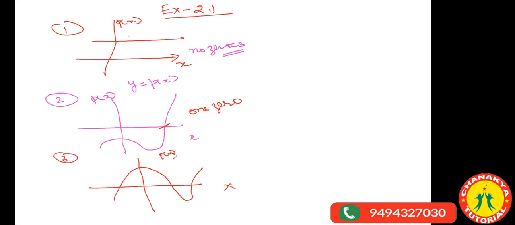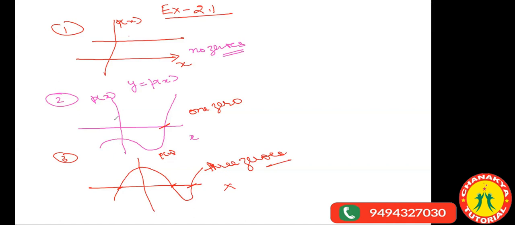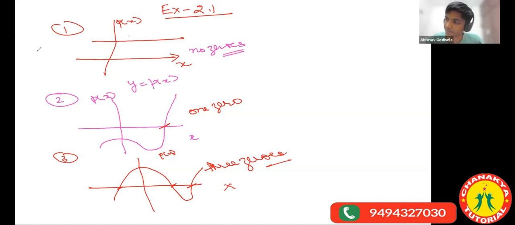Yes, because it intersects the x-axis at 3 points: 1, 2, and 3. So there are 3 zeros. Good. Is this clear to all? Yes, ma'am. It's clear.